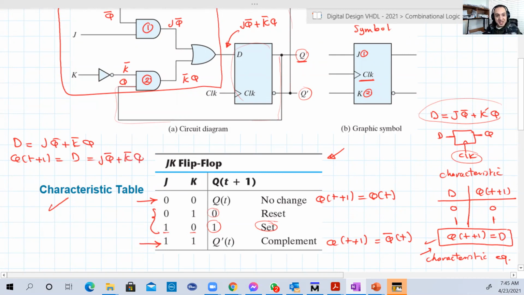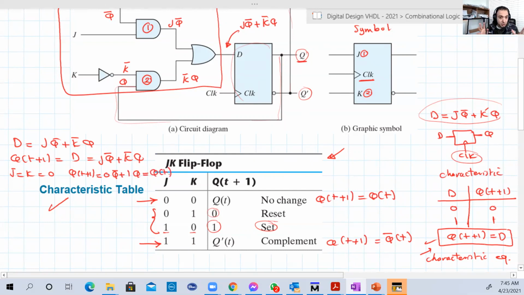Then substitute the four JK combinations, 0 0, 0 1, 1 0, 1 1, and see what's going to happen. So let's try J equal to K equal to 0. If we do that, Q of T plus 1 will be equal to J is 0, so 0 times Q bar, plus K is 0 as well, so K bar is 1, so 1 times Q. This is basically Q of T, of course.